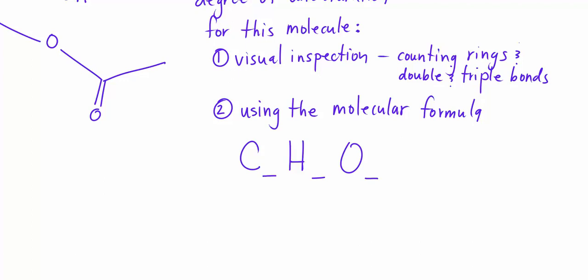You should be able to look at this molecular structure and determine its molecular formula. And using the molecular formula, you can determine the degree of unsaturation. If you're not able to determine the molecular formula, you will have a problem using the degree of unsaturation formula to determine the sites of unsaturation.